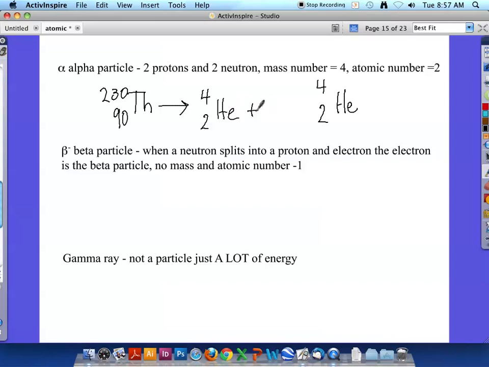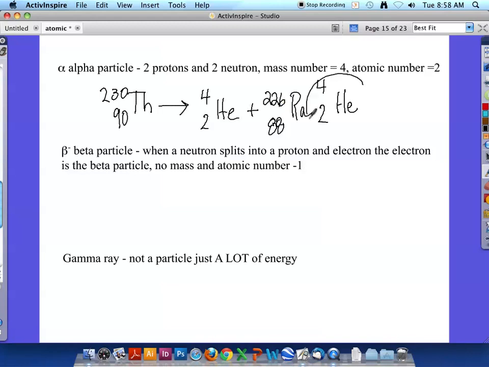Well, what's 90 minus 2? It's 88. And if you look on the periodic table, 88 is the atomic number for radium. What's the new mass of radium? It started out at 230, lost 4, so it's 226.